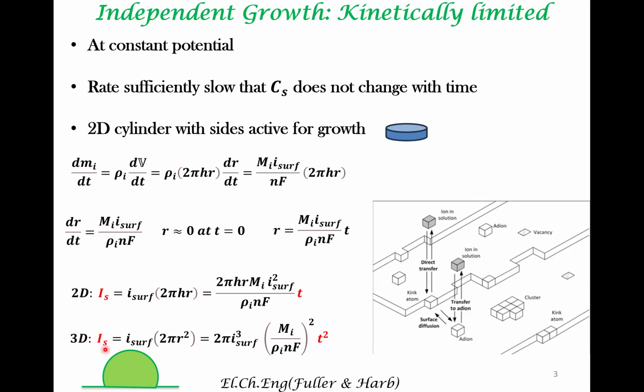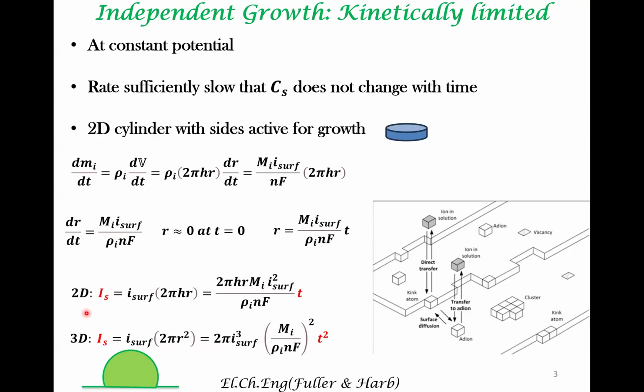However, if IS scales as t squared, then we get a clue that the underlying mechanism is three-dimensional in nature. So that's the way research is done, especially in the early stages of research in this area, because in situ measurements were very hard, and model building from atomistics was also very hard.